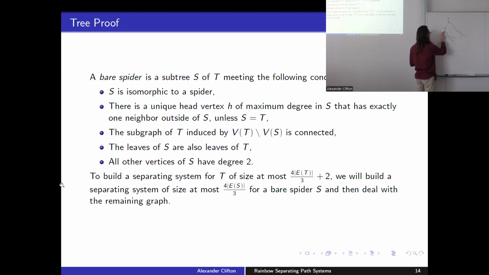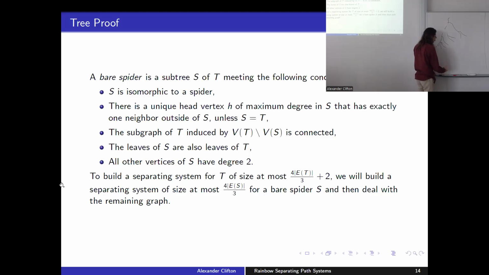And we also want everything except the leaves and the head to be degree 2 in the spider. It should also be degree 2 in the original graph. So if I had this part hanging off over here, now this would no longer be a bare spider because of this vertex here. Instead, I would use this as my bare spider. So the point is, there's always going to be some bare spider that we can pick.